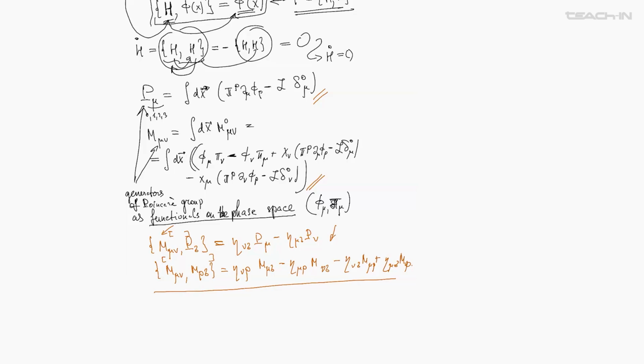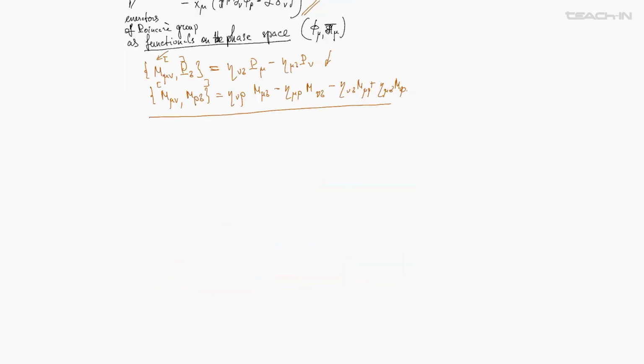If you don't have any questions, then I will consider the Klein-Gordon field. So I come to the next important topic, namely the so-called Klein-Gordon field, which is a scalar field.